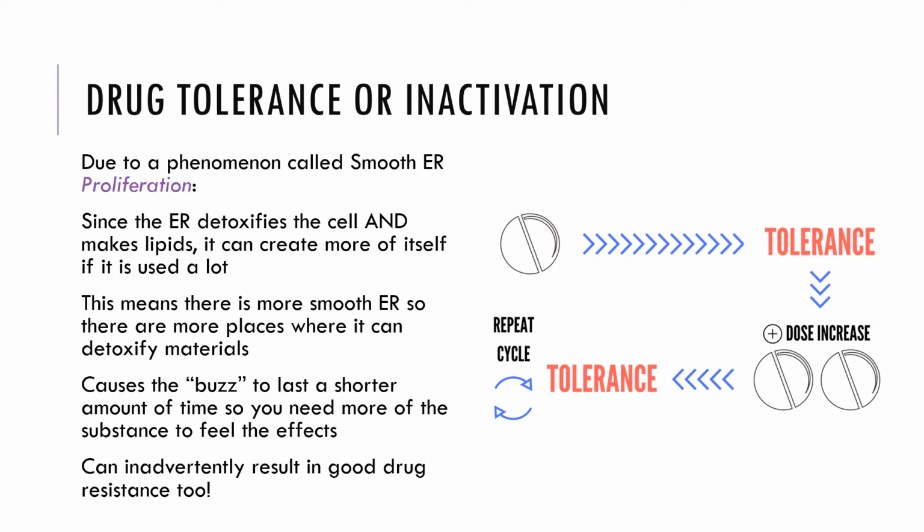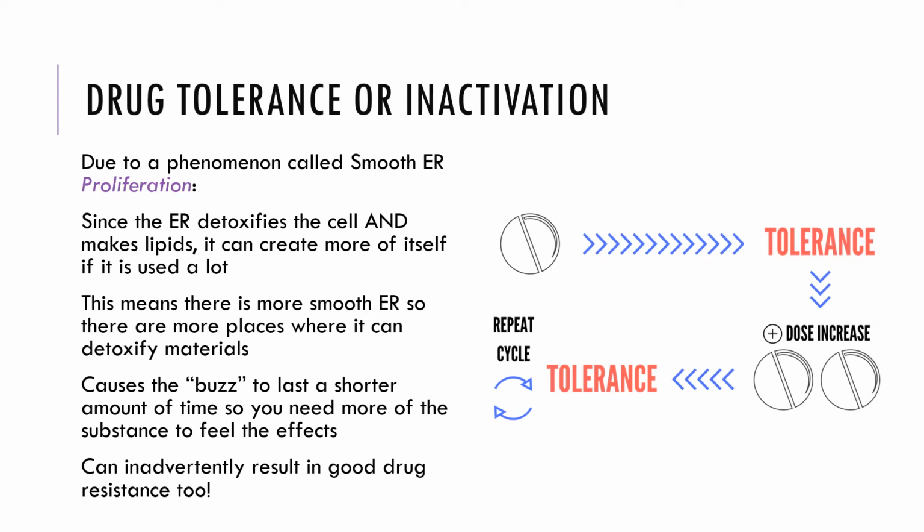Now, the smooth ER itself has a really cool phenomenon called proliferation. This has to deal with its ability to detoxify. Basically, since it can make lipids and it's needed to detoxify the cell, if you put a bunch of toxins, like alcohol if you're an alcoholic or a drug addict, into your cells, they're going to actually grow their own smooth ER so they can detoxify the body faster, or detoxify the cell faster.